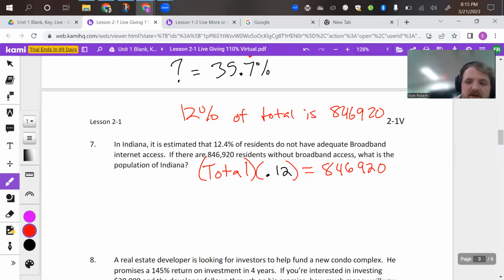Since that's a pretty large number, remember I encourage you to use the comma after three places as you move left. There might be easier ways to do this, but hopefully you're seeing that there's multiplication happening between total and 0.12. So I'm going to divide by 0.12 on both sides, giving me that total population.